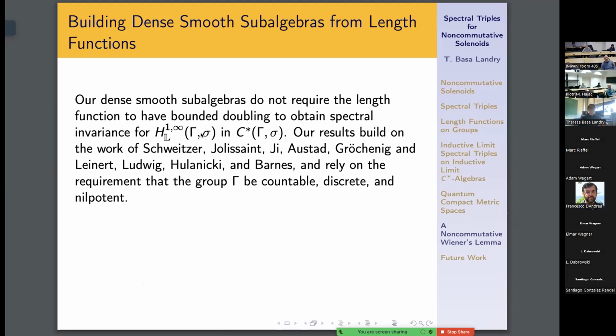But to get the spectral invariance, we only needed that the group be countable, discrete, and nilpotent. Those were the only conditions we needed to be able to leverage results from Schweitzer, Jolissaint, Alstad, Grochenig, Leinert, Ludwig, Hulanicki, and Barnes, among others.